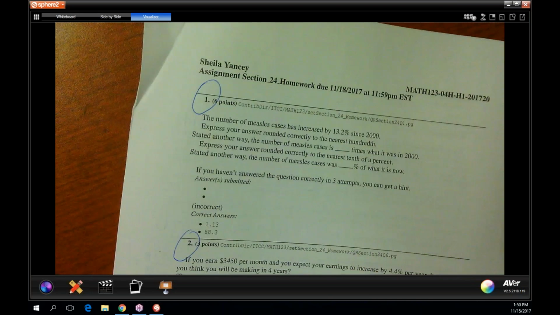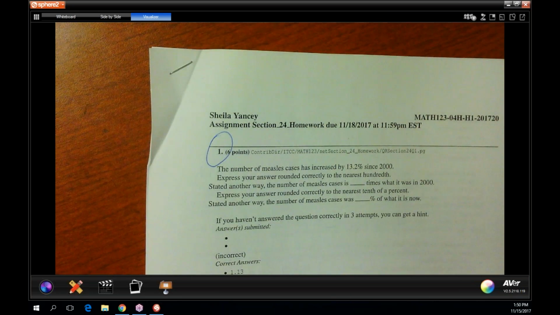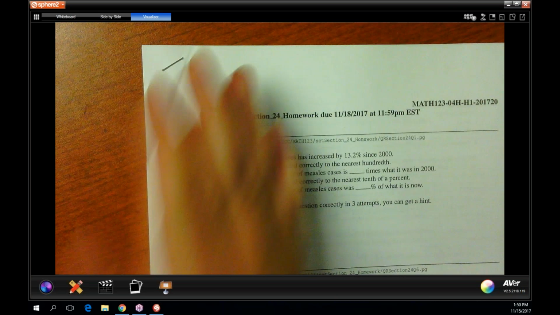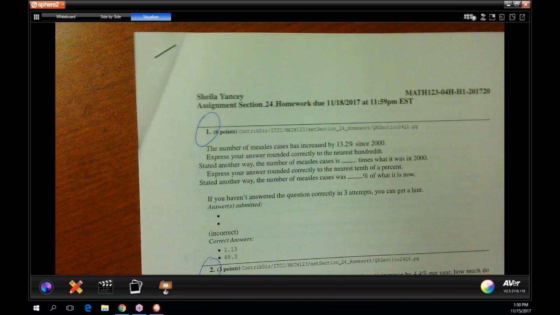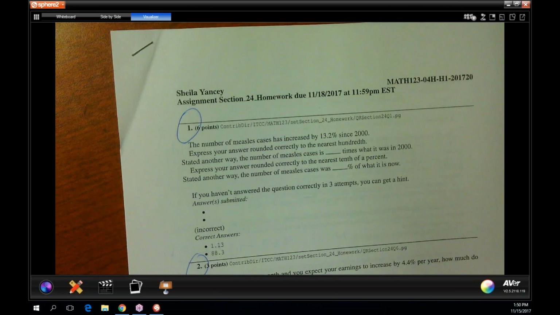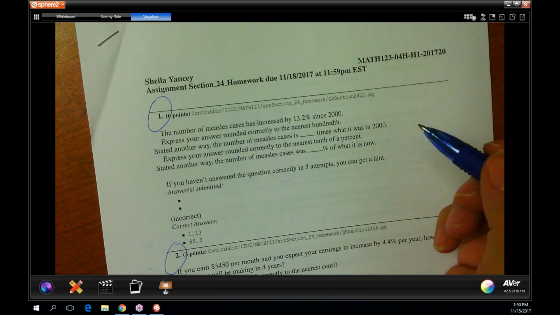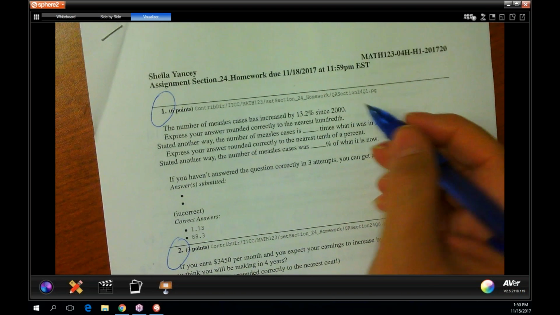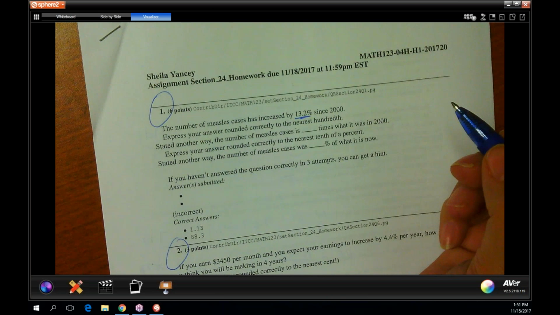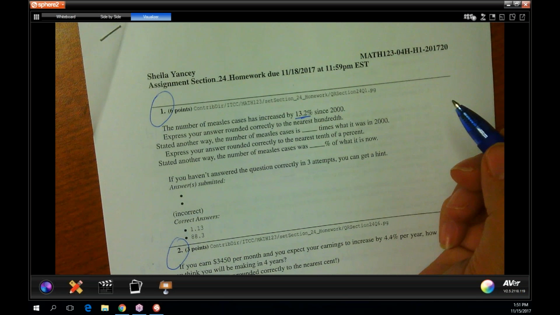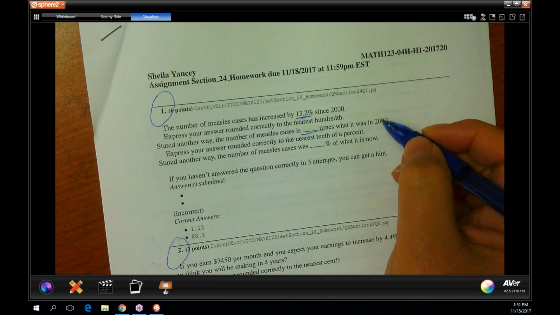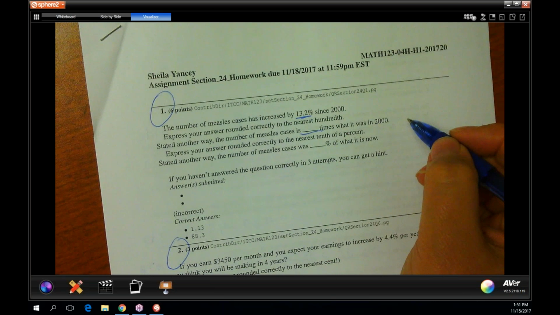Okay, back to the review questions on the front. The first one, they asked you to express the number of measles cases has increased 13.2% since 2000. Express your answer rounded to the nearest hundredth. Stated another way, the number of measles cases is blank times what it was in 2000.